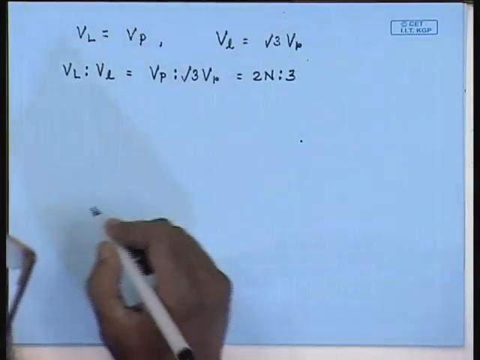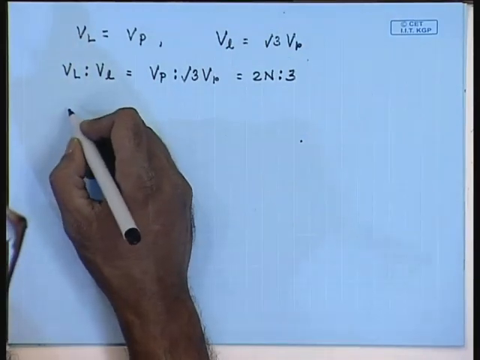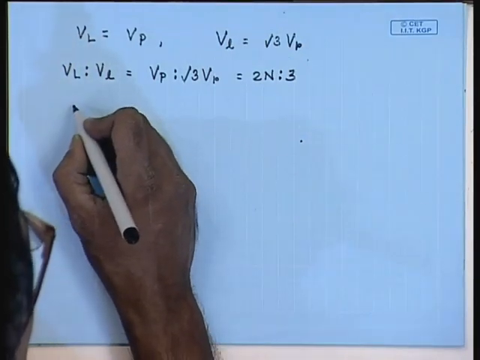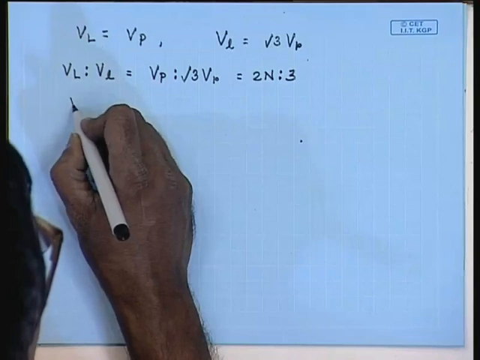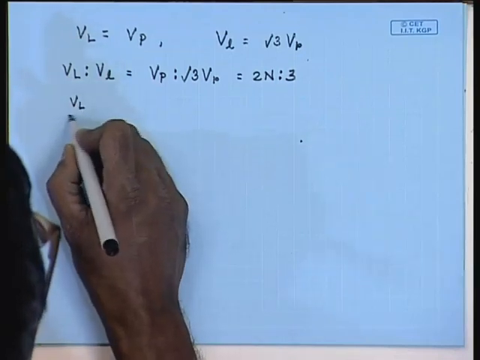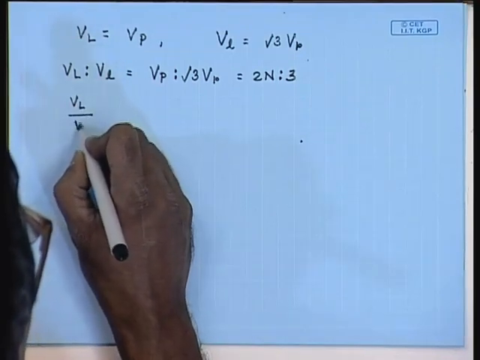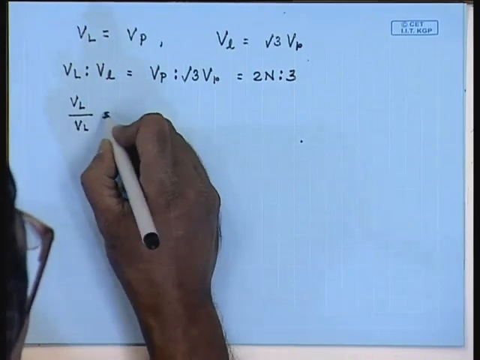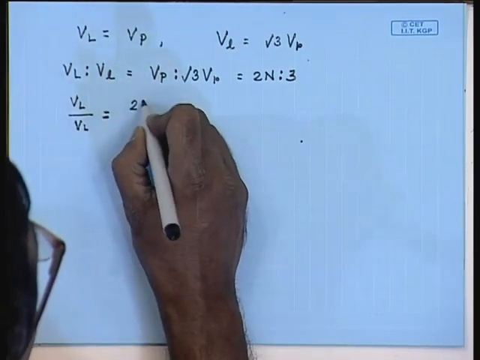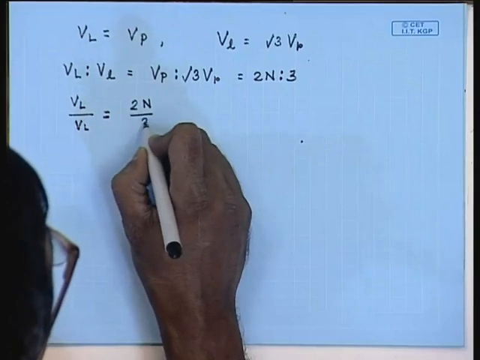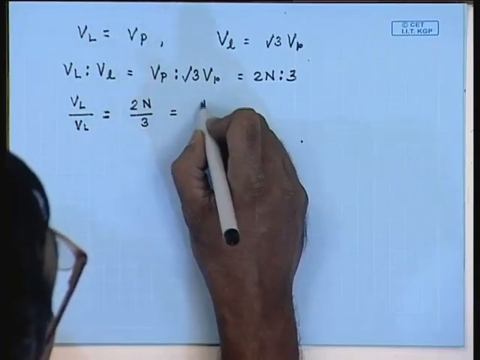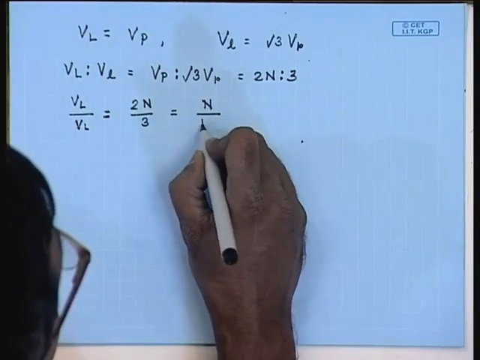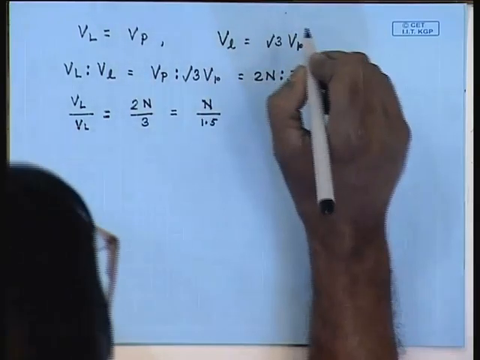One interesting thing to note here is V_L is to v_L in this case equal to 2n by 3, or equal to n divided by 1.5.